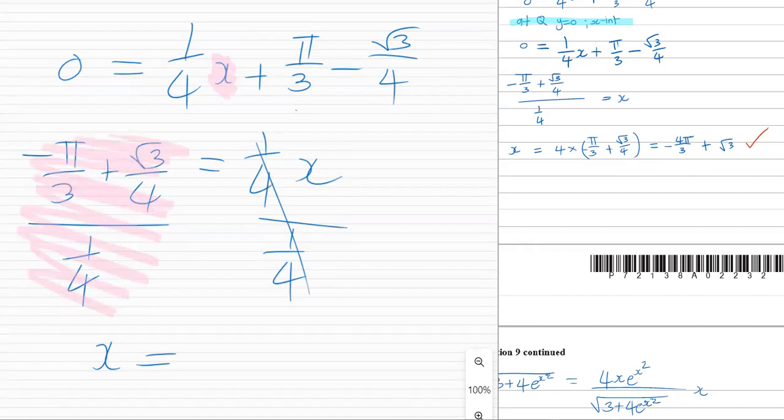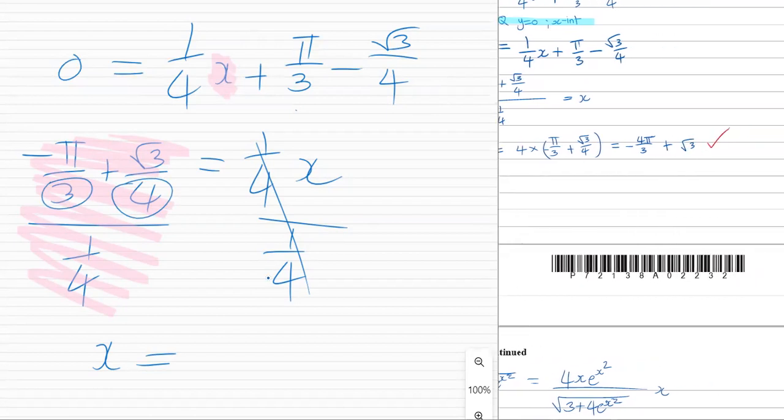Mostly my students put this stuff in calculators. If you want to do it by hand, you would get a common denominator with the 3 and the 4 and all of that stuff. But I'm not going to go into that in P3. I already did it, and the answer for x came to minus 4 pi over 3 plus root 3.